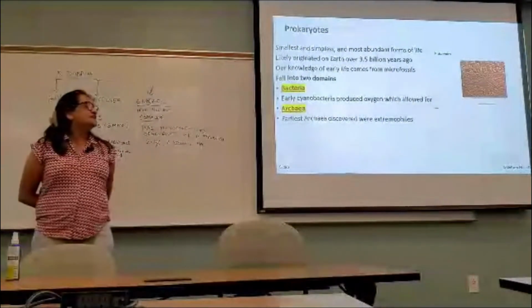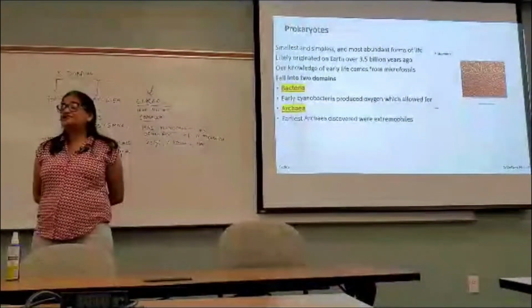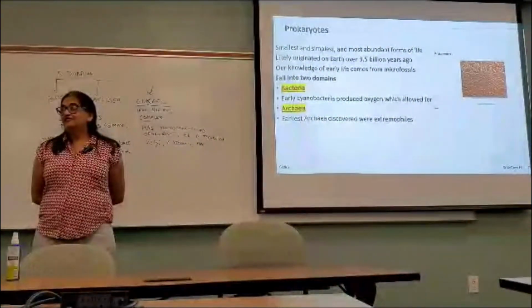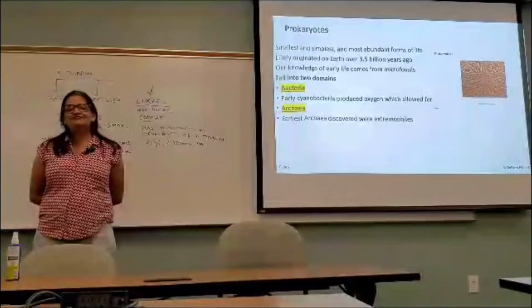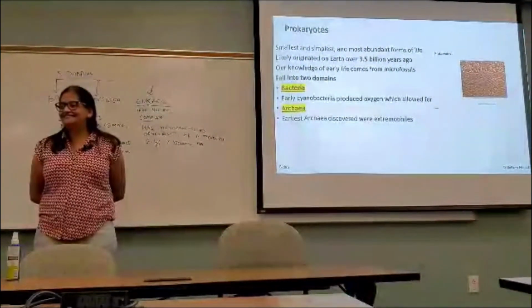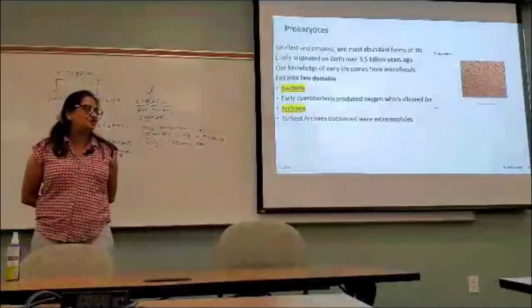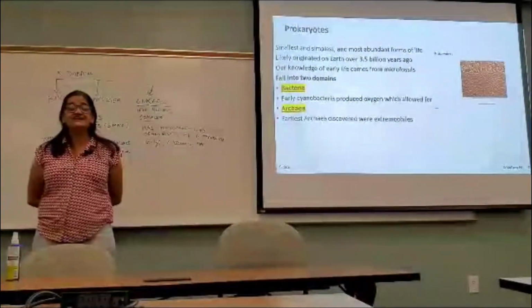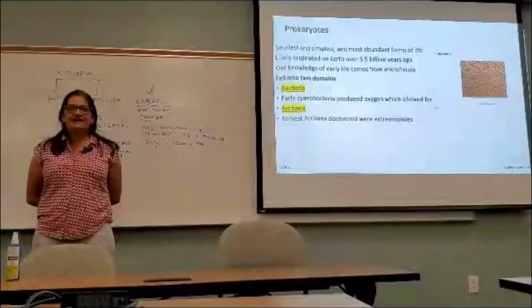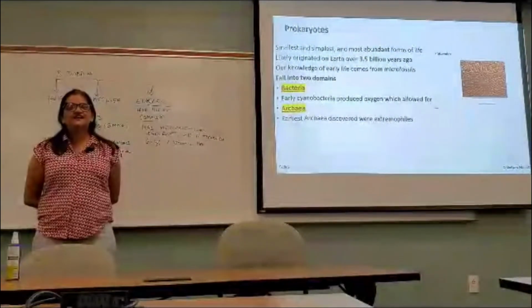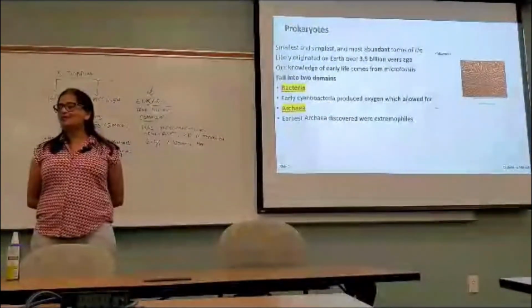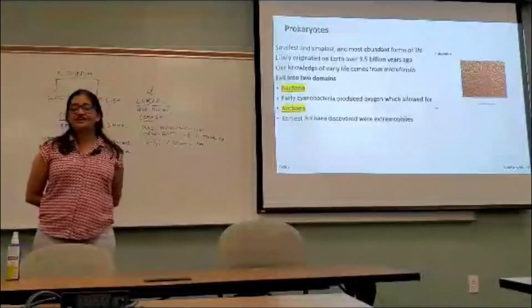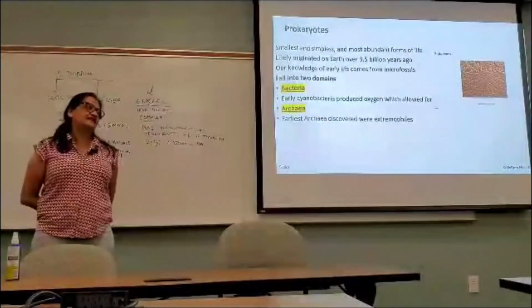Even now you can find archaea. If you remember, I said they can be found in the hot geysers of Yellowstone National Park. They can live under temperatures that can range from 110 to 130 or 150 degrees Celsius.